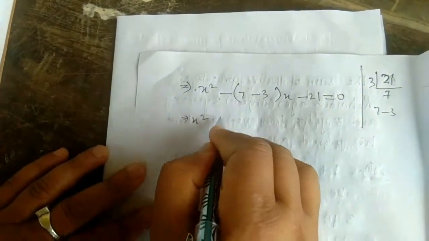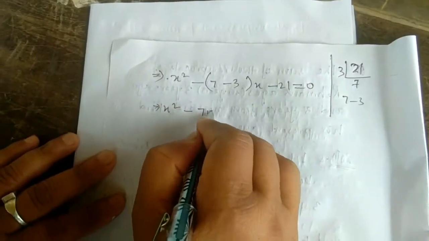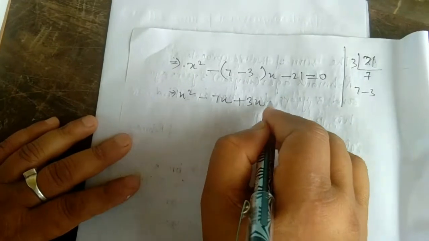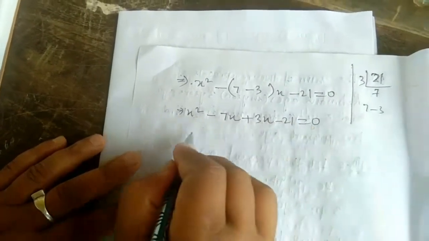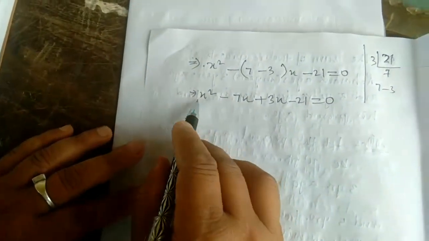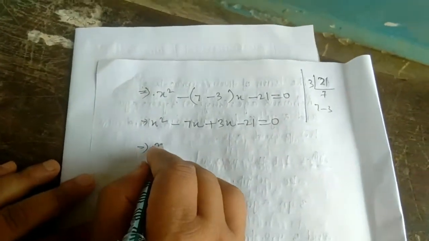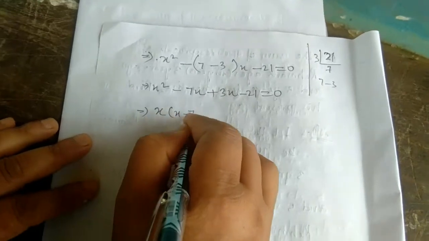x square minus 7x plus 3x minus 21 equal to 0. Then take common from the first two terms: x square and x, so we can take x common, x minus 7 will remain.